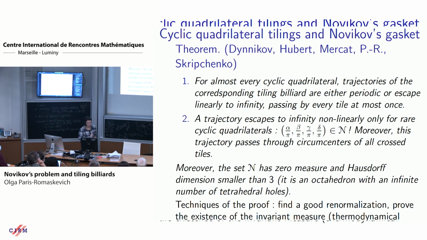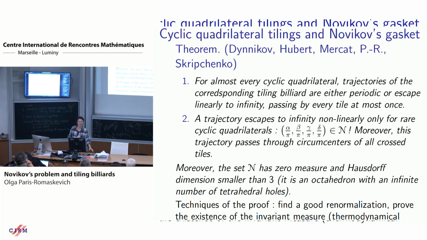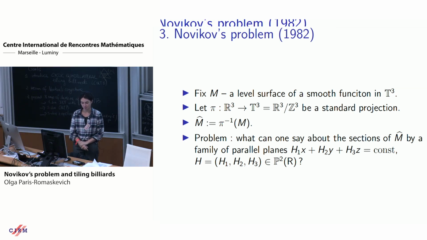So let me now explain why we call the set Novikov's gasket, and let me explain how all this cyclic quadrilateral tiling billiards story is related to Novikov's problem, which was formulated 40 years ago. So what is Novikov's problem?